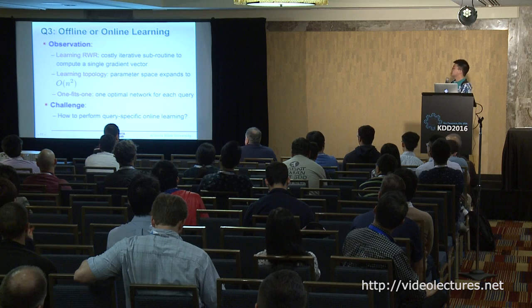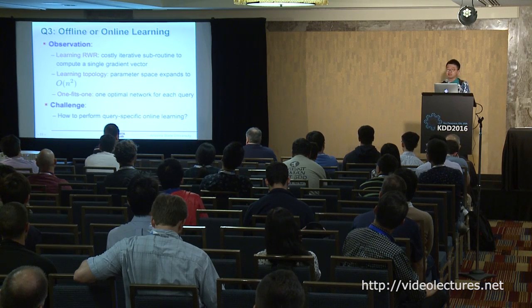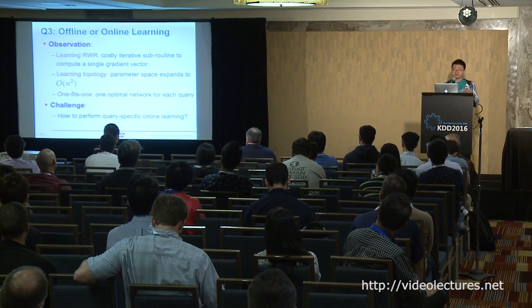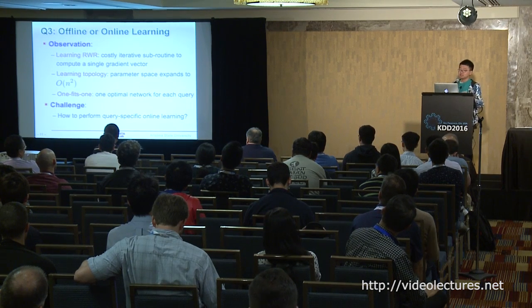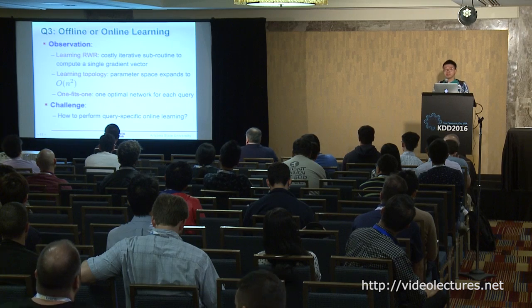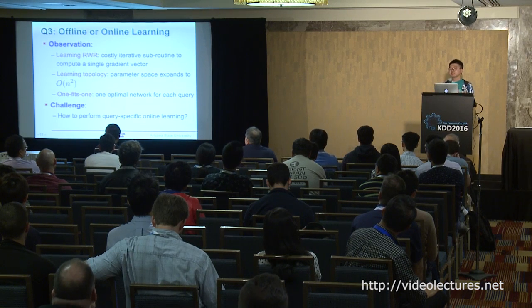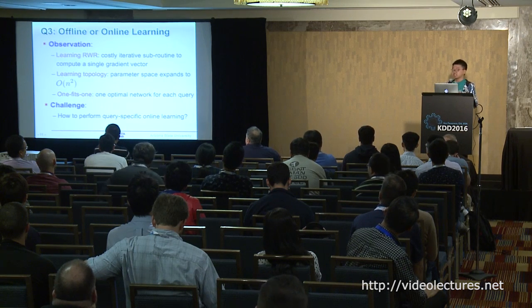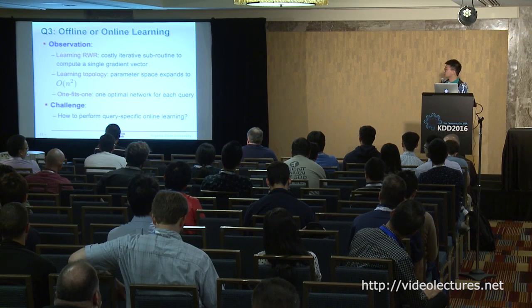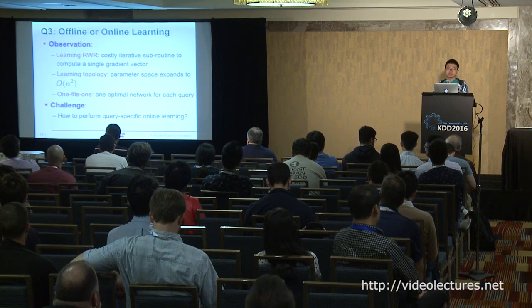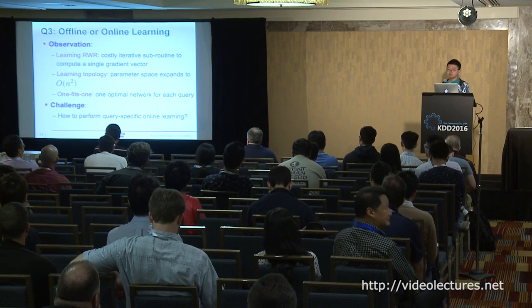So the third question: offline learning or online learning. Here our observation is that in supervised random walk, where they try to optimize the edge weights, it involves a costly iterative subroutine to compute a single gradient vector.